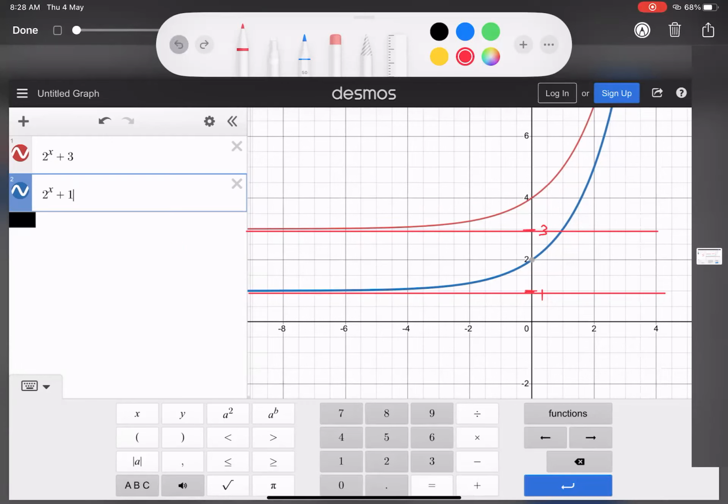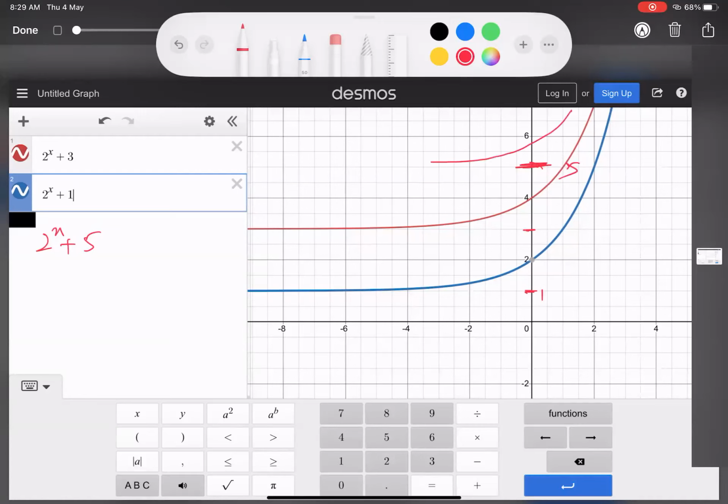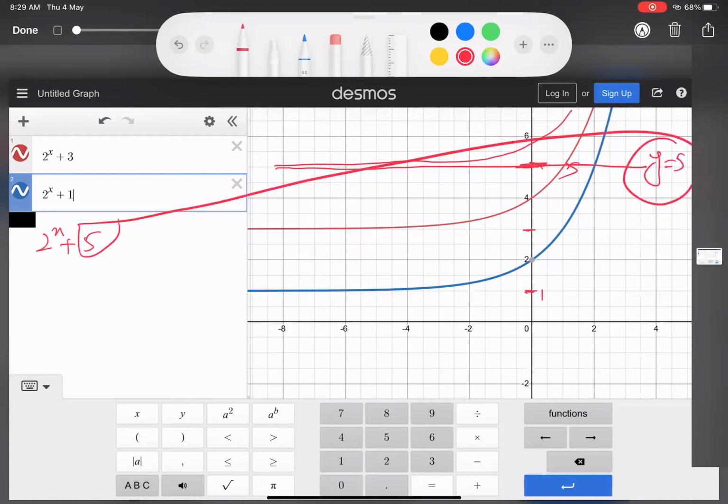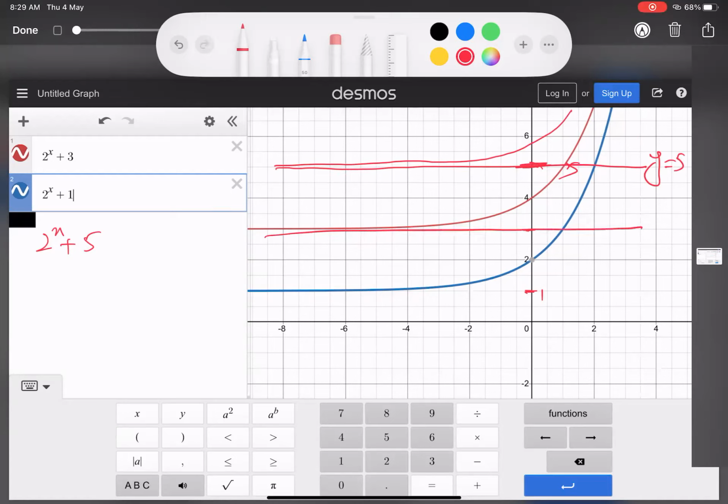For example, if I make it here, 2 to the power x plus 5. So 5 is here. The curve will come from the top and become parallel to 5, but it will not meet 5. And y equal to 5 is called the asymptote equation. And for this equation, y equals 3 is called the equation of the asymptote.